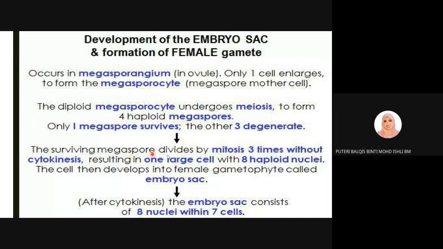The surviving megaspore divides by mitosis 3 times, tanpa ada cytokinesis. Sebab itulah dapat satu sel yang besar tapi ada 8 haploid nuclei. The cell then develops into female gametophyte called embryo sac. After cytokinesis, the embryo sac consists of 8 nuclei within 7 cells.